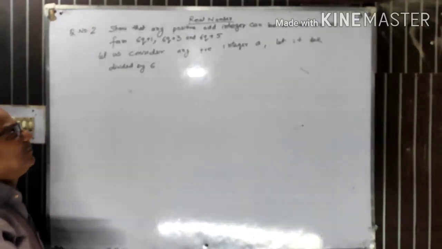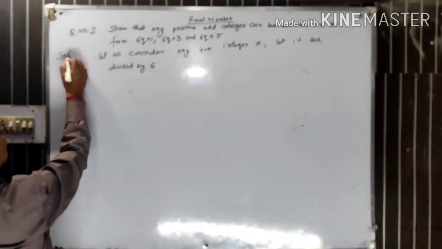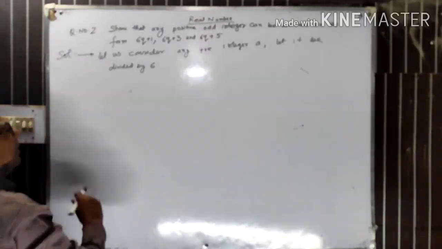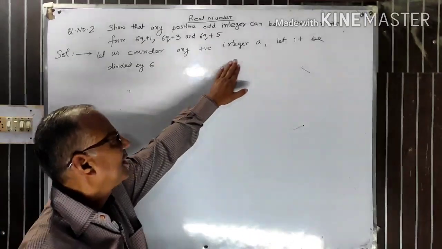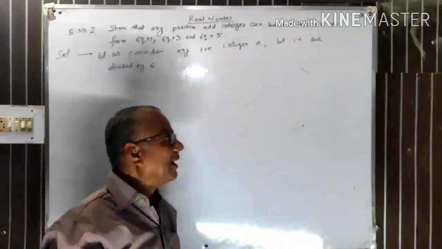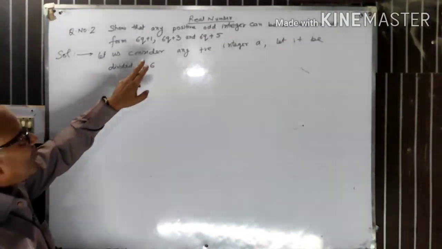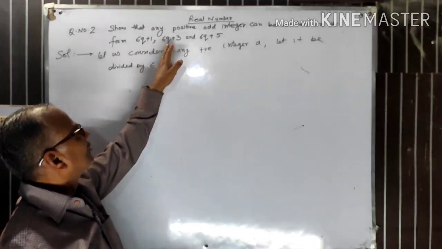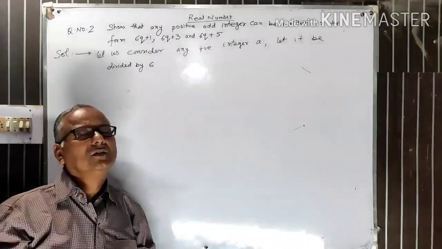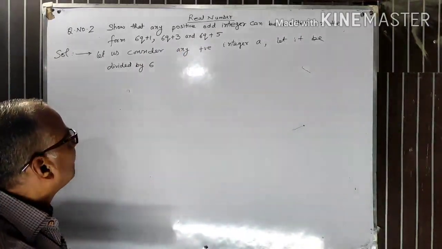Let us consider any positive integer a, let it be divided by 6, because here we have to find out 6q plus 1, 6q plus 3 and 6q plus 5.